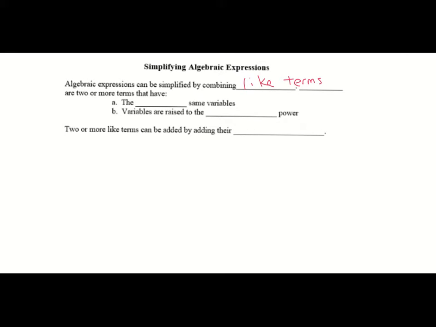And then the next part is like terms are 2 or more terms that have the exact same variables. So they have to be the exact same variables. And the variables are raised to the same power. Then you add your like terms by adding their coefficients.